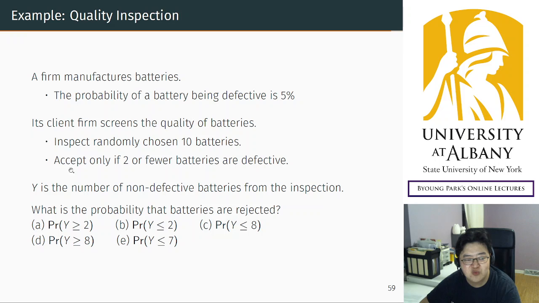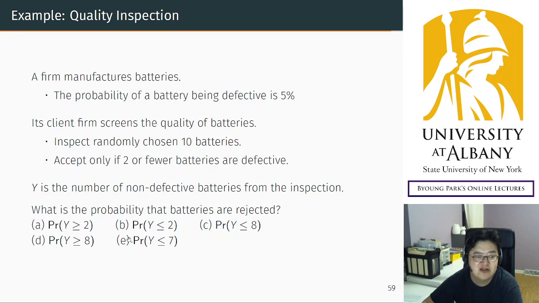Your client will reject your shipment if there are 3 or more defective batteries. But now you are counting non-defective batteries. So when I say 3 or more are defective, that means there are 7 or fewer non-defective batteries, right? 3 defective batteries equals 7 non-defective batteries. So the answer is E.